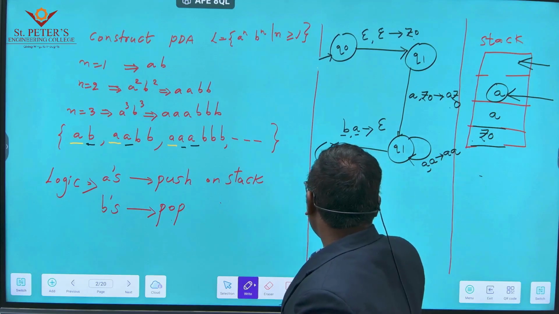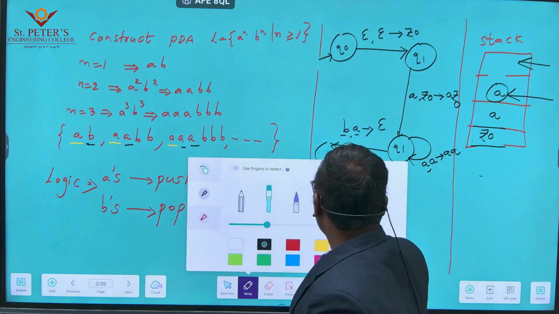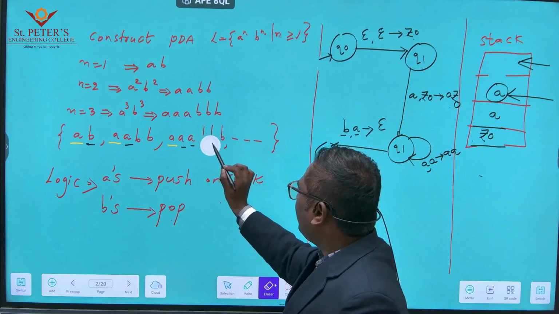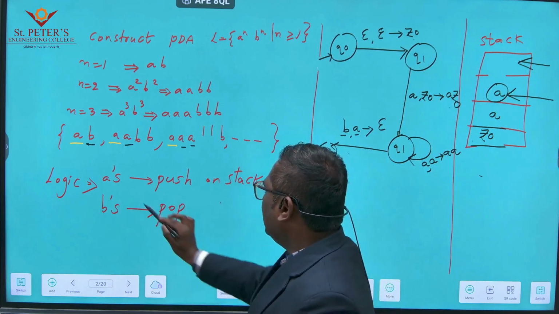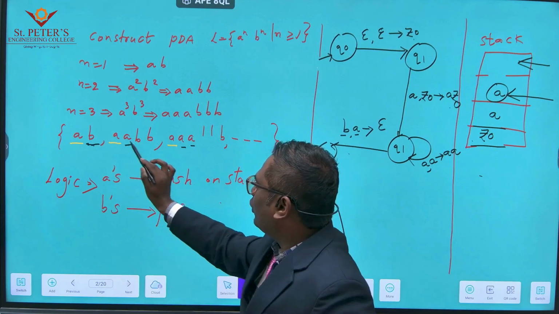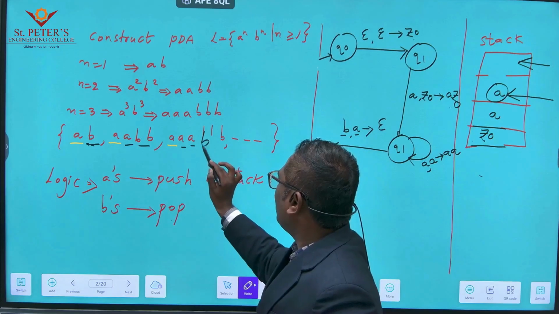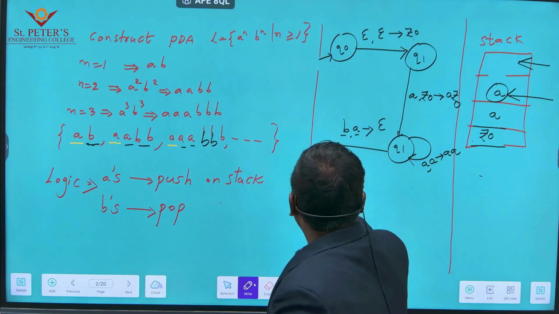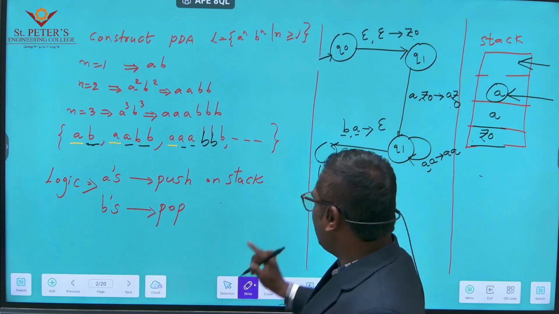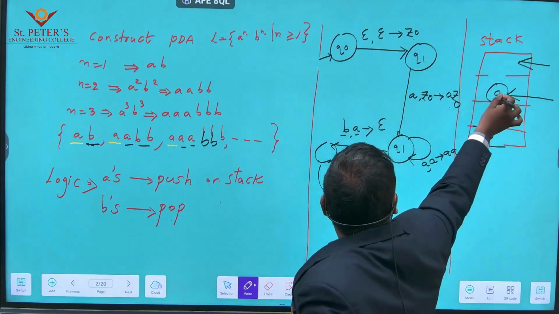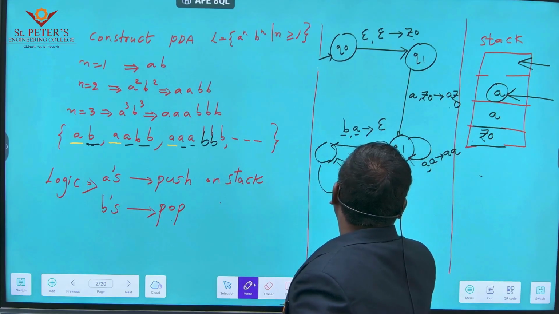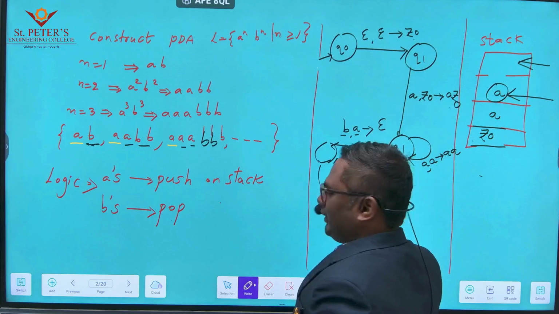Now if you are observing, any number of B's might occur: 1 B, followed by 2 B's, followed by 3 B's, and so forth. Assume that this is the second B. On the top of stack there is A, so I should pop it.